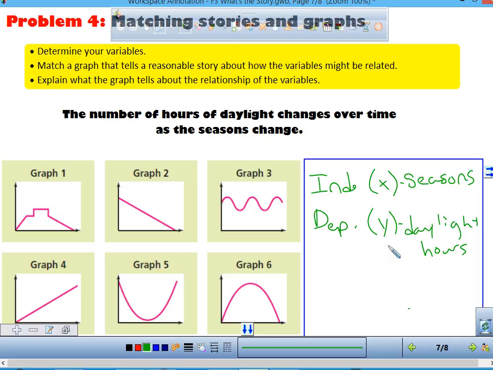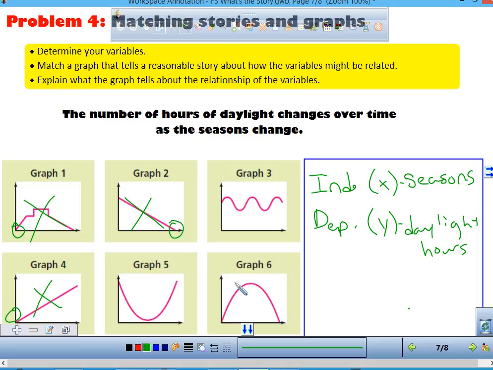We do not. We do not have a time where it is at 0. So that means you should be able to cross out any graph that hits 0. This one hits 0, can't use it. This one hits 0, can't use it. This one might be okay. This hits 0.